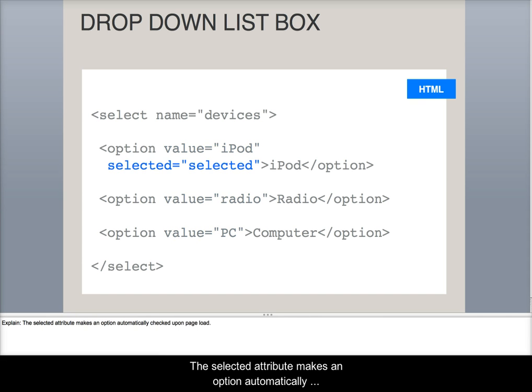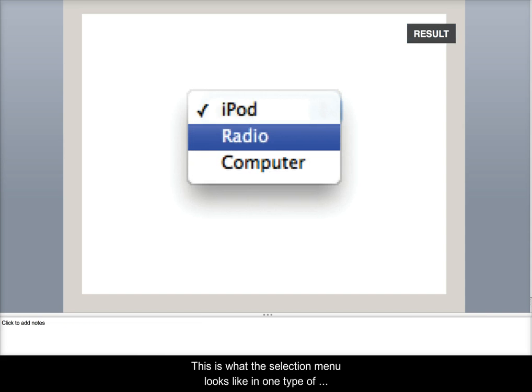The selected attribute makes an option automatically checked upon page load. This is like the checked attribute used earlier in the checkboxes. This is what the selection menu looks like in one type of a browser. Different browsers will render it differently, but it'll still be a drop-down.